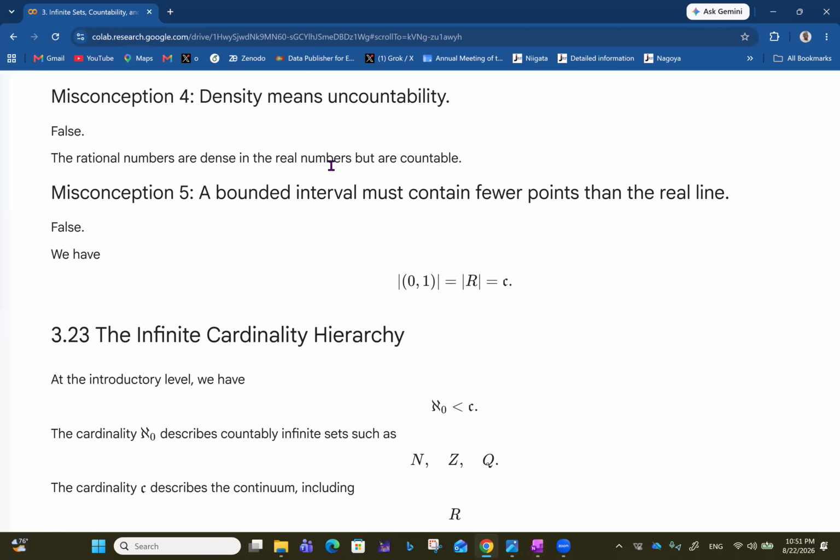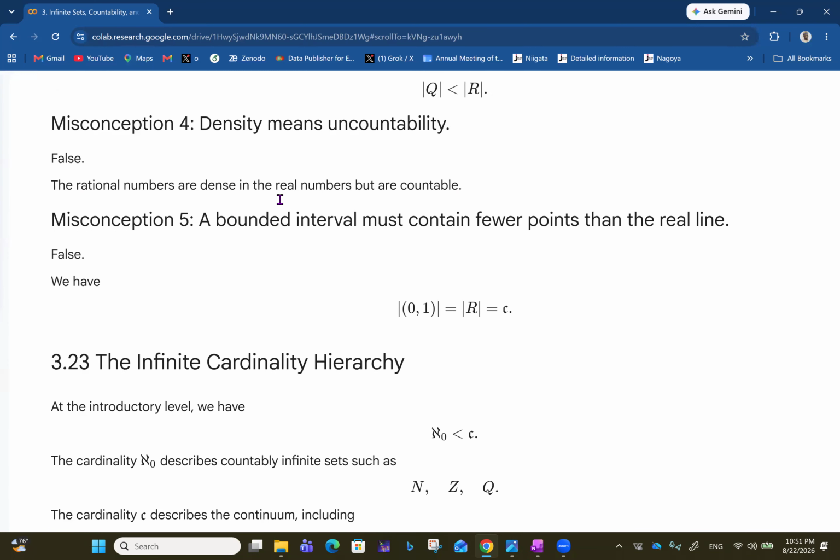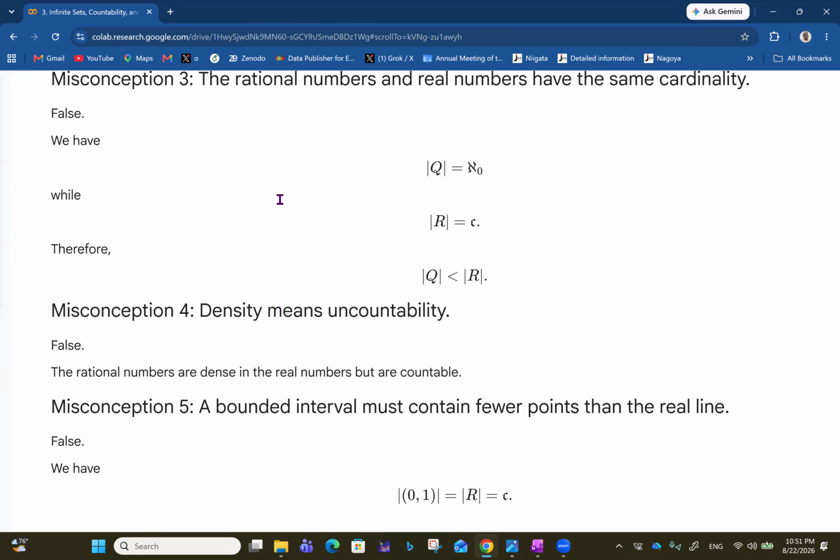The rational numbers are dense in the real numbers but are countable. Misconception five: a bounded interval must contain fewer points than the real line. That is false, because the cardinality of the open interval (0, 1) is equal to the cardinality of the whole real number line. Though this is just a segment of the real number line, their cardinalities are both the same.